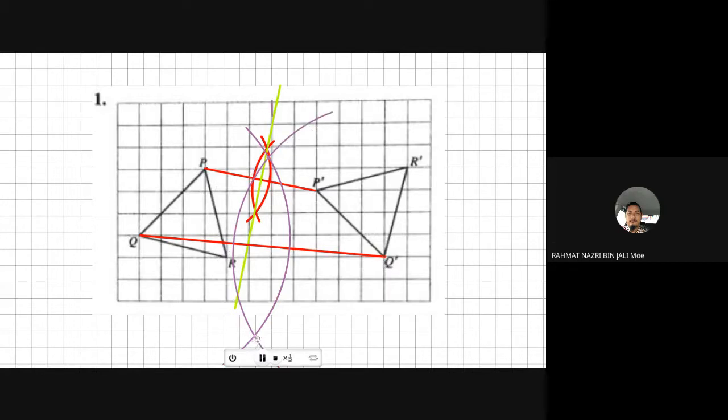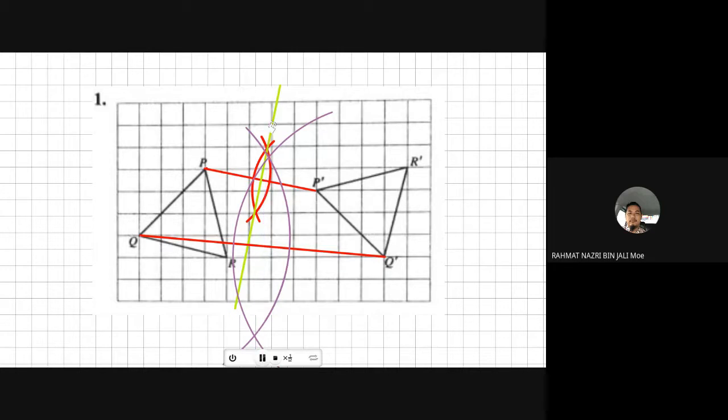Okay, after that, we get the two intersections here, and then we draw the straight line passing through this intersection. And lastly, let me readjust. So lastly, we find that the intersection between the yellow and the purple is located at this point.